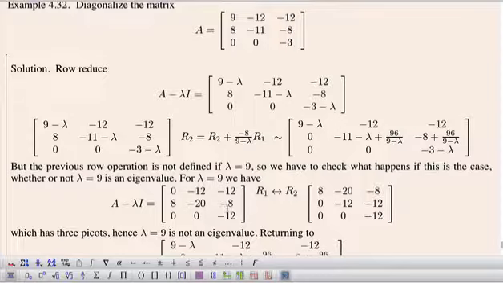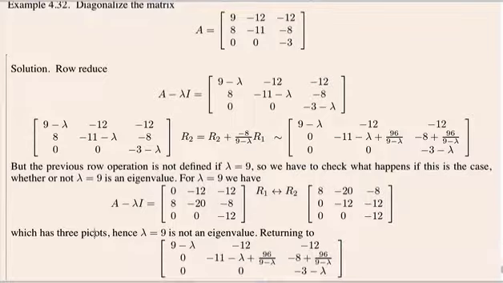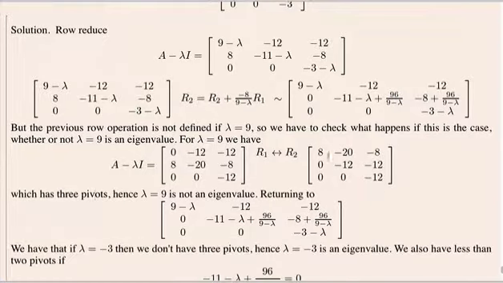To see what the rank of this matrix is, we can just switch row 1 with row 2, and then we get an upper triangular matrix with non-zero diagonal entries, which means it has rank 3. It has 3 pivots, and that means it has full rank, so lambda equals 9 is not an eigenvalue, because the null space of this matrix is just the 0 vector, which means there is no eigenvector.